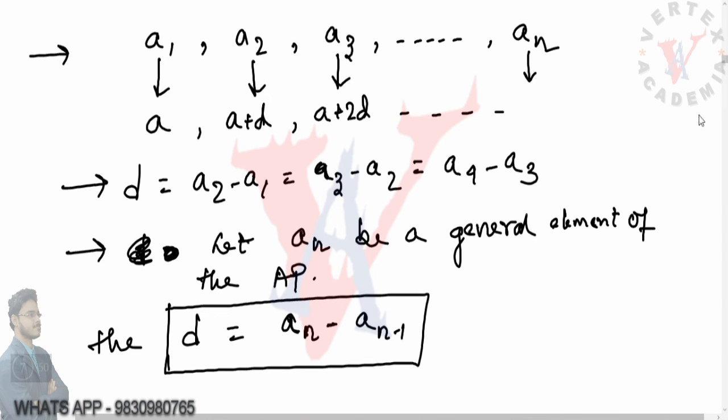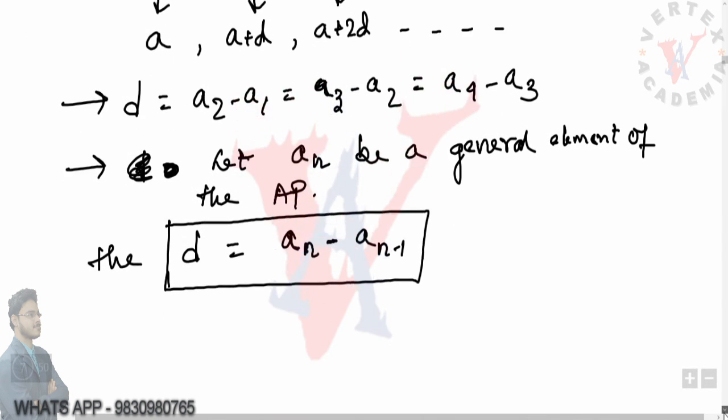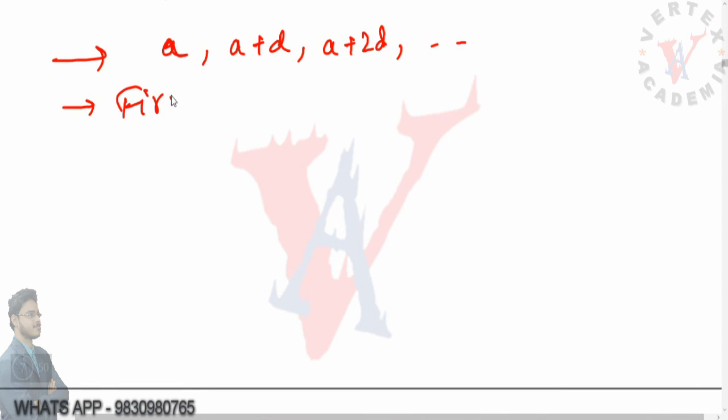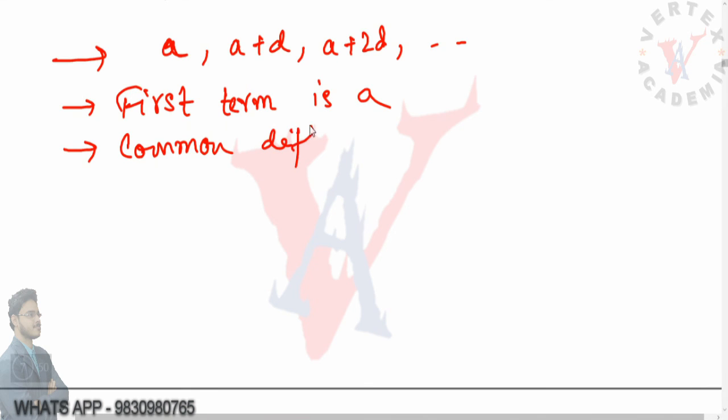So finally, I would like to conclude by saying what an AP is. An AP is basically of the format A, A plus D, A plus 2D, like this, where the first term is A, where the common difference is D, which equals AN minus A(N minus 1).